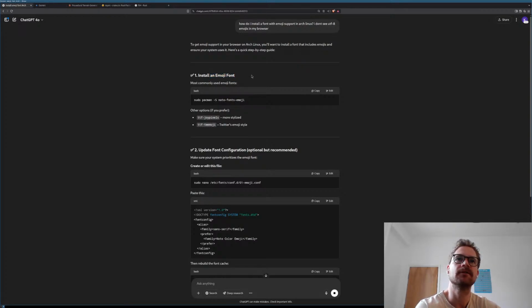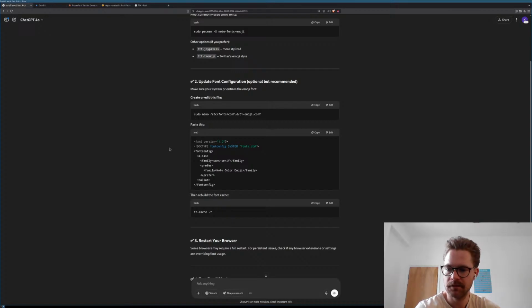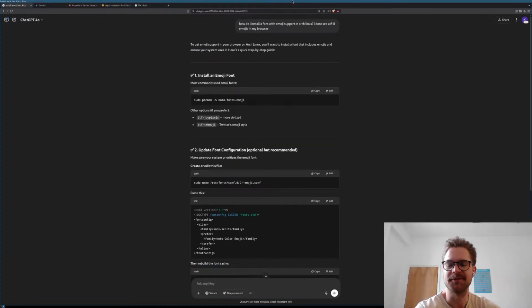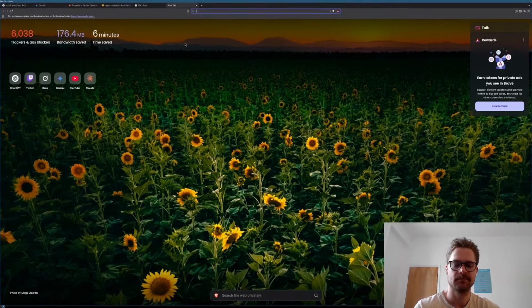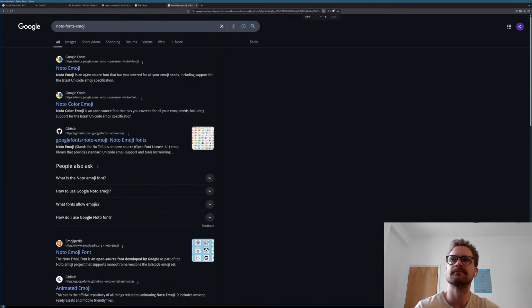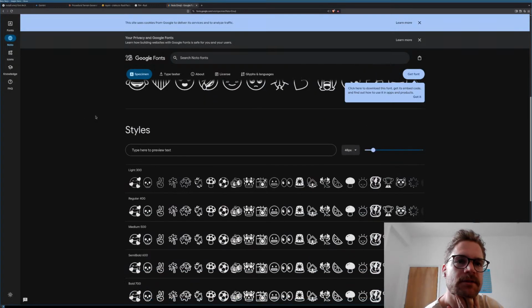Wait, emoji font, no. Okay, Noto fonts emoji. What is that? Oh, it's Google Fonts.